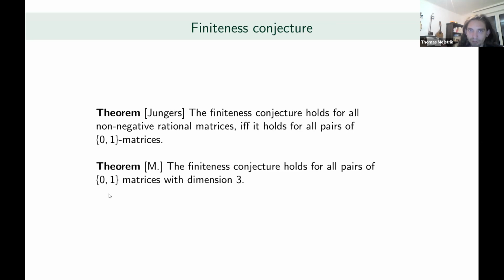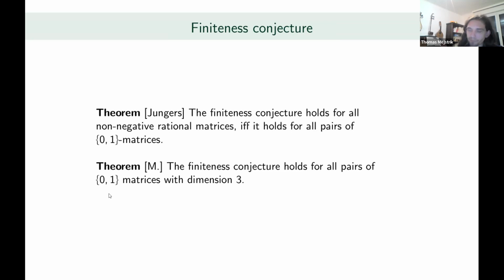This was called the finiteness conjecture, and it was proven to be wrong. There are even counterexamples of 2 times 2 matrices. But surprisingly, all matrices from applications seem to have this property. So for all matrices we have seen so far, there always exists a finite product which attains the joint spectral radius.